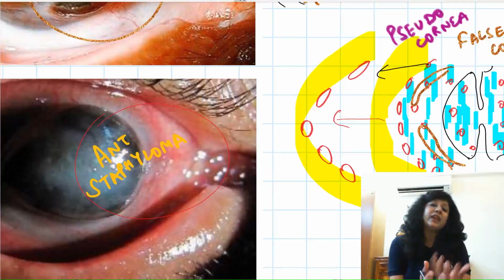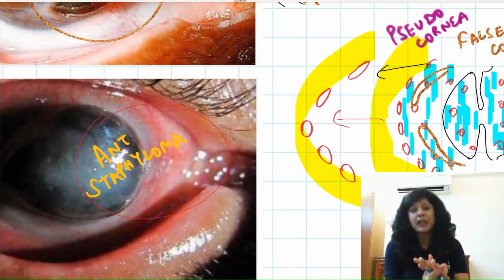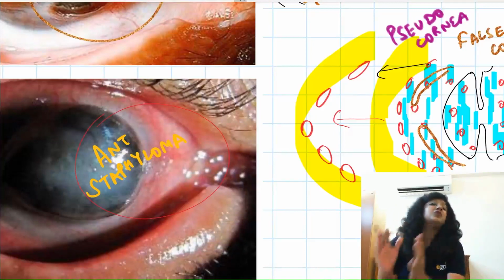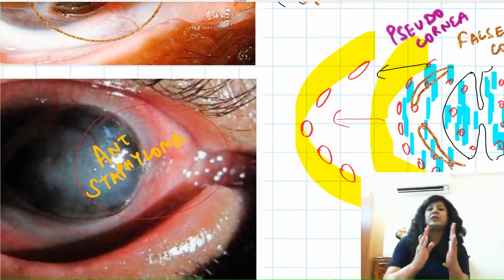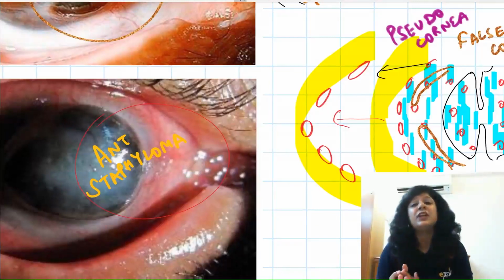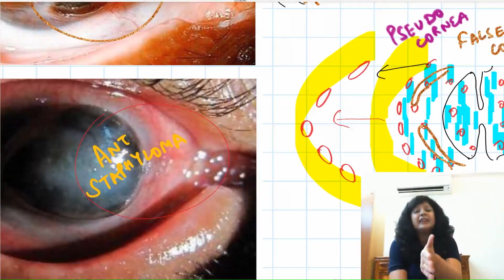While in optics we had studied the posterior staphyloma in high myopia. There we have ectasia of the sclera. So it can be anterior staphyloma, which is anterior to the equator, and posterior staphyloma, which is posterior to the equator. Okay. If it is equatorial staphyloma, that means it is exactly at the equator.